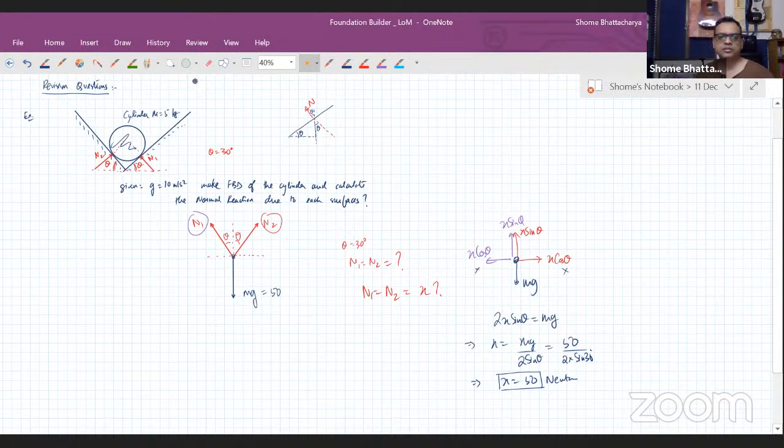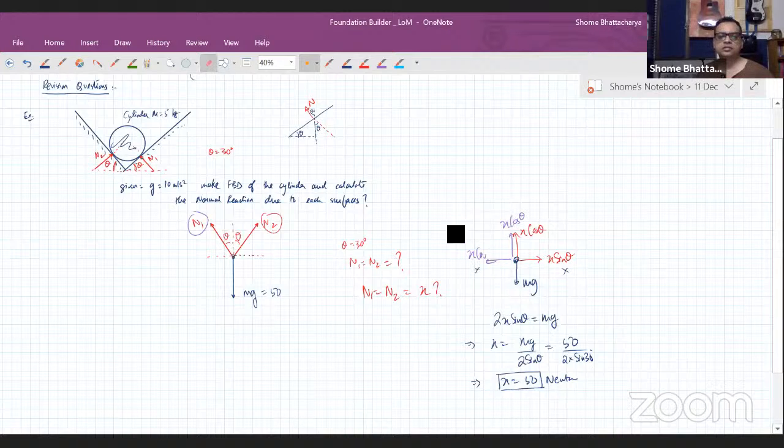Oh, sorry, my mistake. This component is cos theta and this component is sine theta. So anyway, so there will be 50 by root 3. So this is cos component, this is sine component. So sine components are cancelling, cos components are adding.